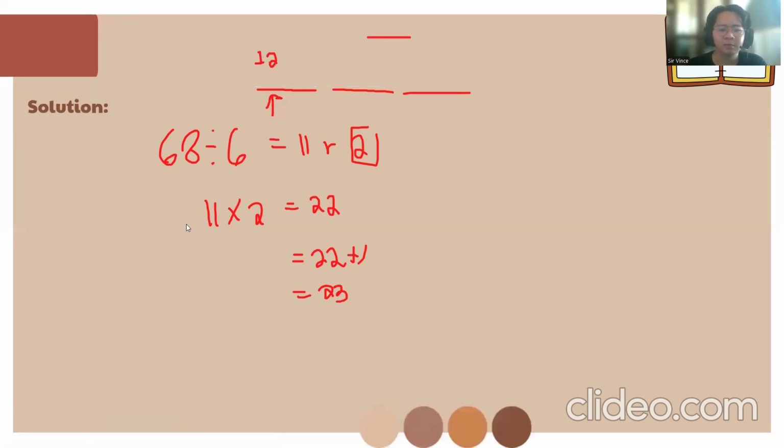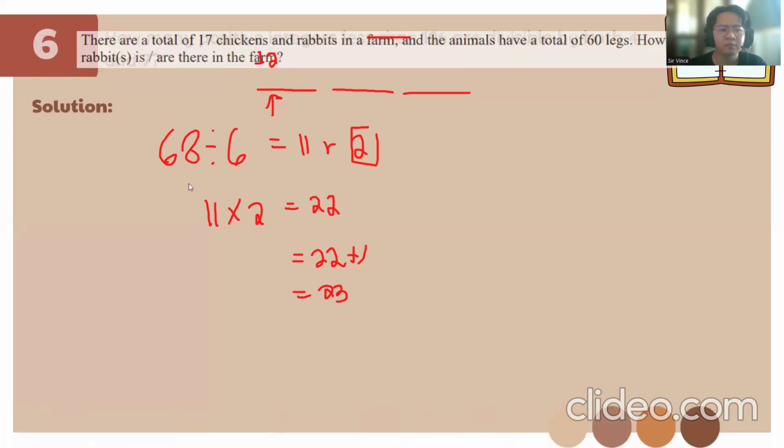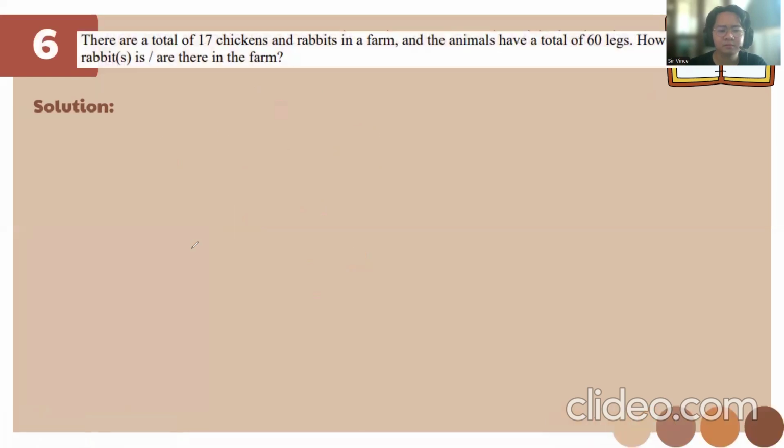So let's go to this one, class. Okay, follow this formula, okay? 17 times 2, 34. Then 60 minus 34, we'll have 26.